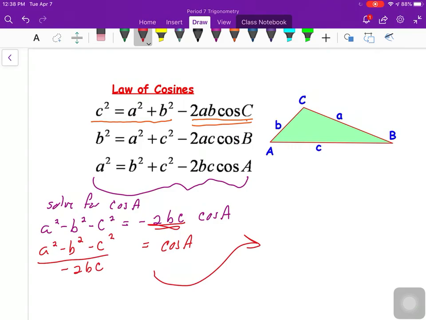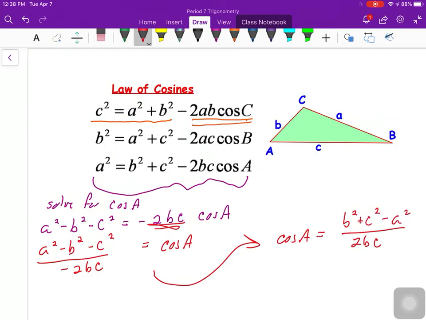So when I'm using the law of cosines and I'm looking for an angle, I rearrange it in this manner. And to tell you the truth, I actually divide a negative 1 through the top and bottom. By doing that, I end up with the cosine of A equals, now the bottom will just be 2bc, and on the top, dividing by a negative will make the a squared negative, but the b squared and c squared will be positive.